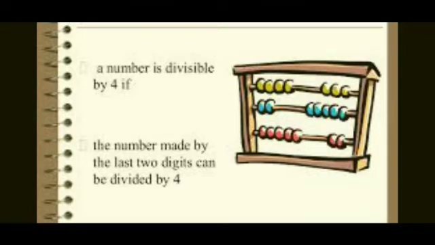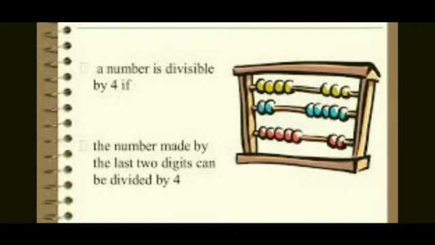If you couldn't write, please look at this: a number is divisible by 4 if the number made by the last two digits can be divided by 4.